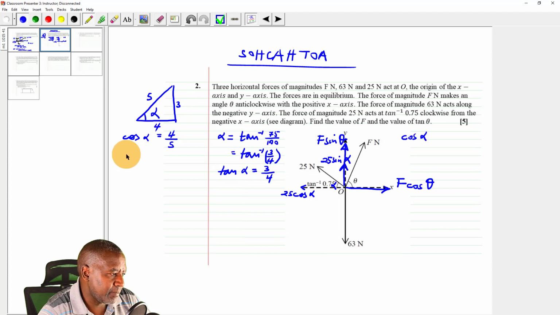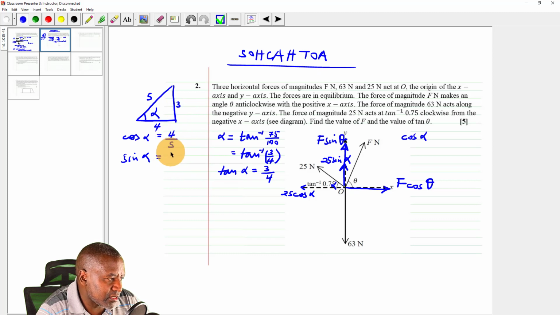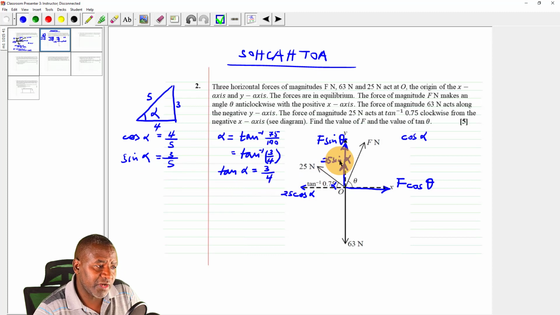The sine of alpha is opposite over hypotenuse. The opposite to the angle is 3. The hypotenuse is 5. So if I need cos alpha, I substitute it with 4 over 5. If I need sine alpha, I substitute it with 3 over 5. And you can see those values are required here.